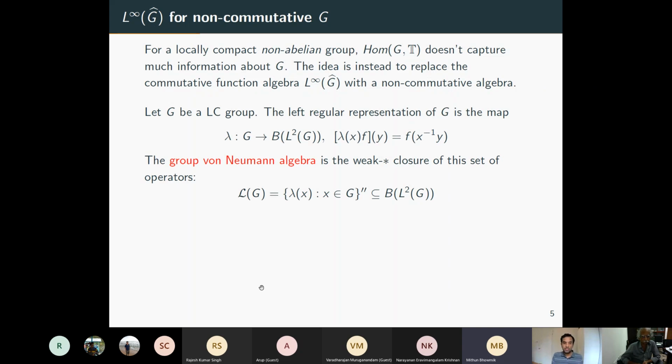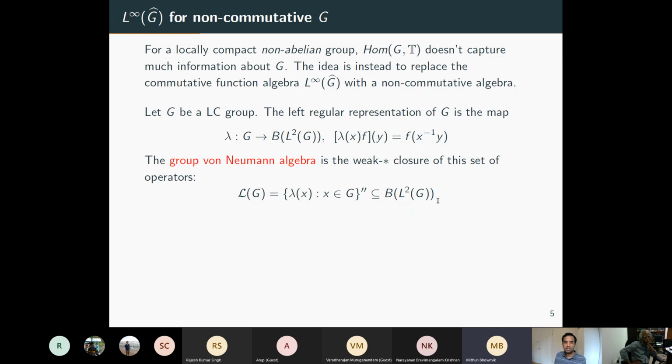So if you have the left regular representation of the group, which acts on functions by left translation, then the group von Neumann algebra is the weak star closure of this set of operators sitting inside the bounded operators on L2 of G, or the bicommutant of this.